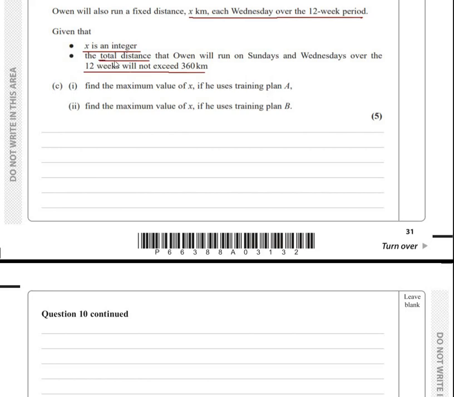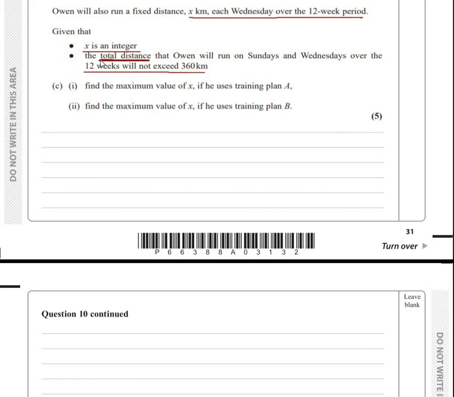So here they have asked us to find the total distance. Total distance means you have to sum up how much he has run over the weeks. So in week 1, suppose he has run 2 kilometers, in week 2 he has run 4 kilometers, and in week 3 he has run 6 kilometers. So the total is going to be 2 plus 4 plus 6, so 12.